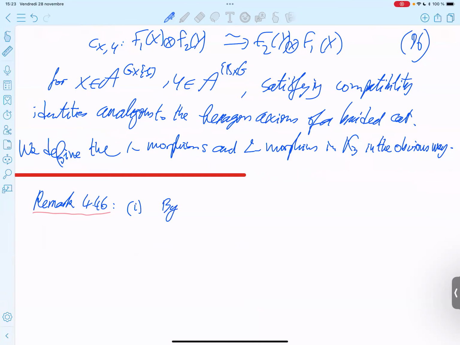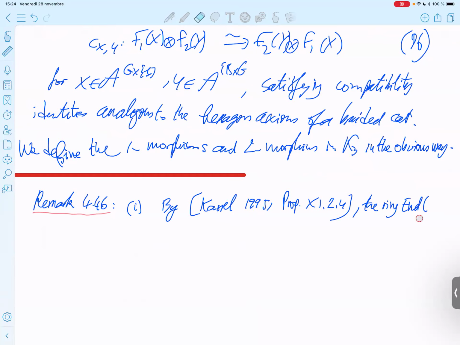So in the book of Kassel, published in 1995, proposition 6.2.4, the endomorphism ring of the unit, so A is curved A, is a commutative ring.